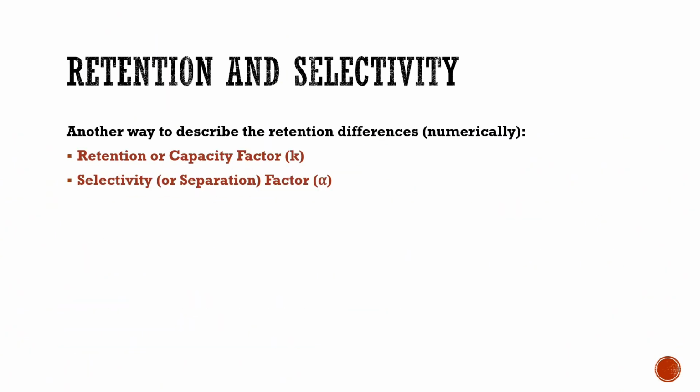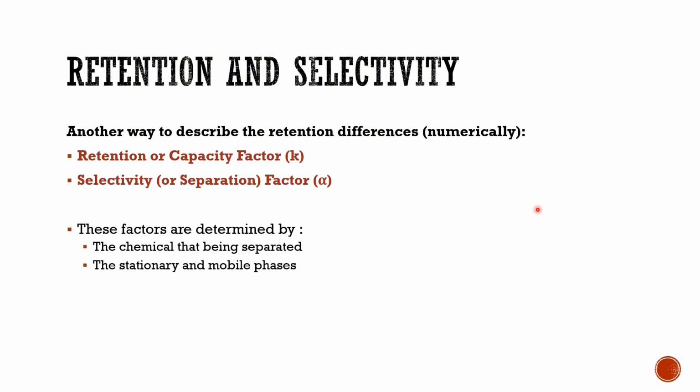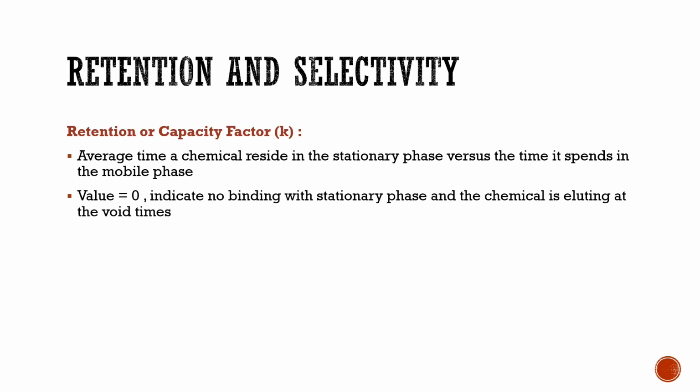Another way to describe the retention differences numerically is by measuring the retention or capacity factor, k, and the selectivity or separation factor, alpha. These factors are determined by the chemicals being separated and the type of stationary and mobile phase. So what's a retention or capacity factor? It is the average time a chemical resides in the stationary phase versus the time it spends in the mobile phase.